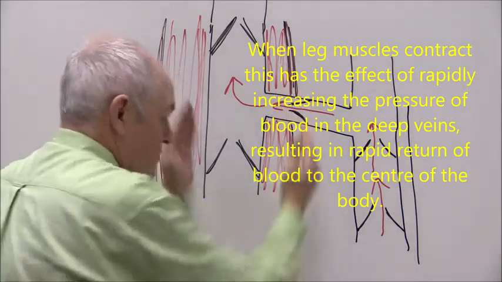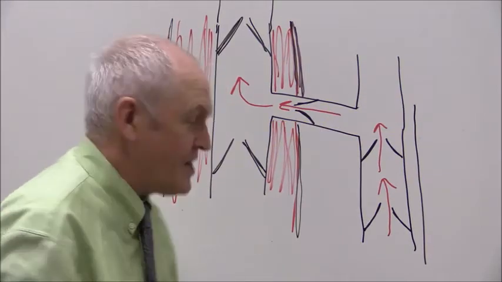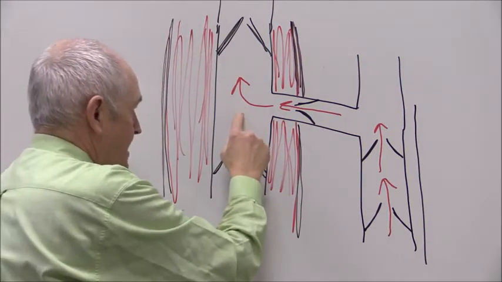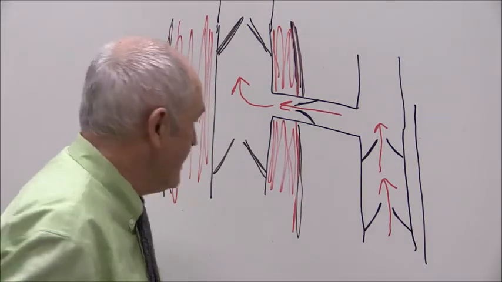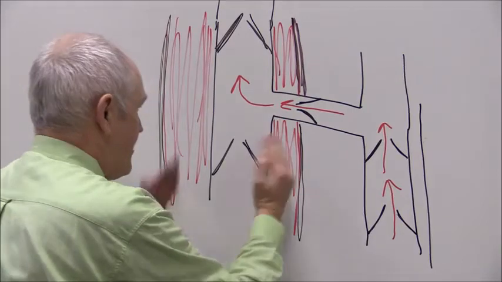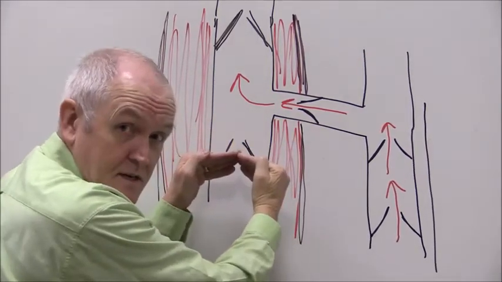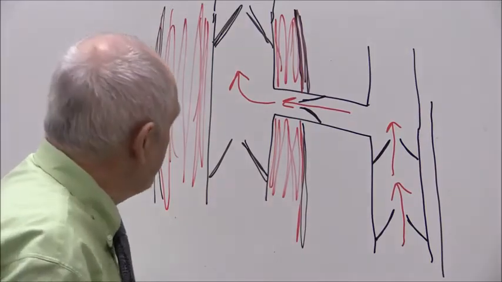So all of a sudden, when the muscle contracts, that will greatly increase the pressure inside that compartment of the deep vein. And when the pressure increases in the deep vein, that will immediately close the valve below. That will shut, preventing regurgitation of the blood back to the periphery.